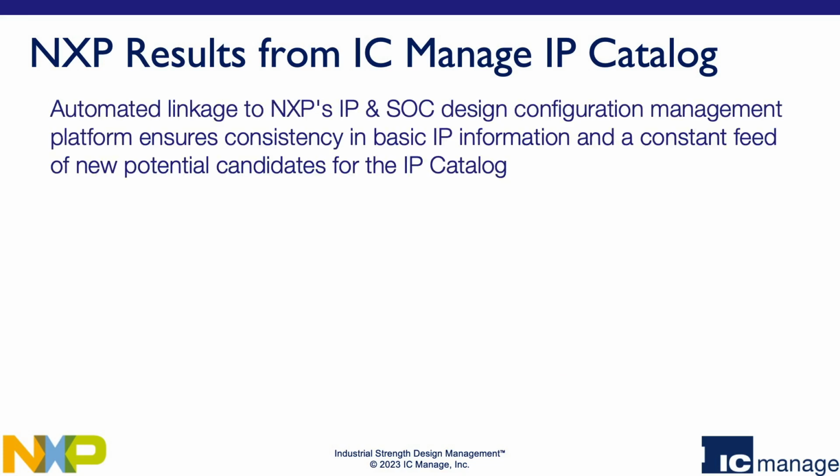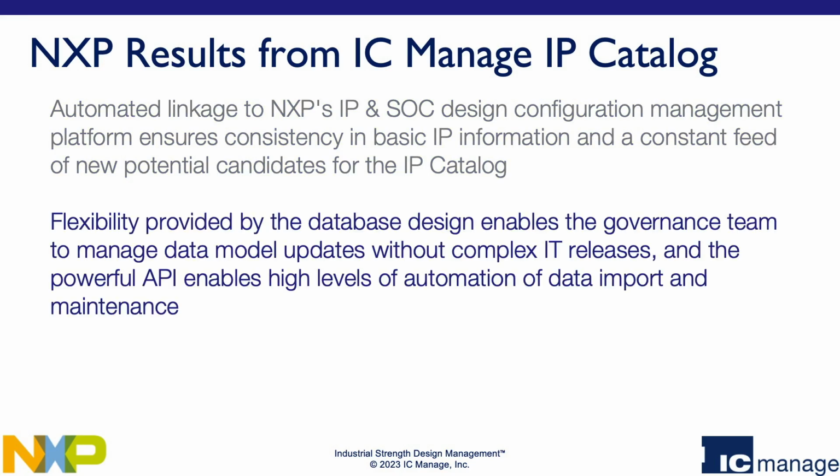The NXP team now has a platform that links together all key design systems and streamlines adding IP to the IP catalog. NXP is also able to adjust their own data model as needed without requesting product updates from IC Manage. This contrasts with typical PLM systems that require custom database programming and challenging software version upgrade validation.